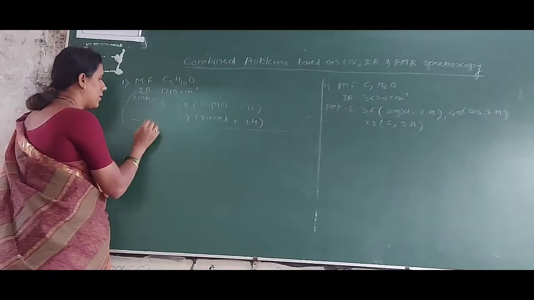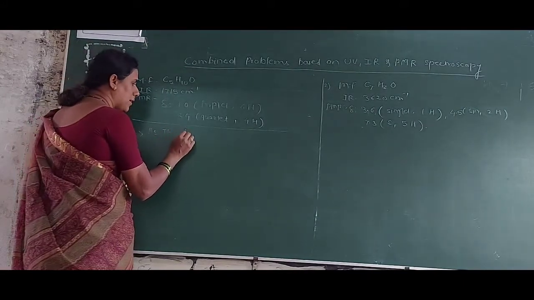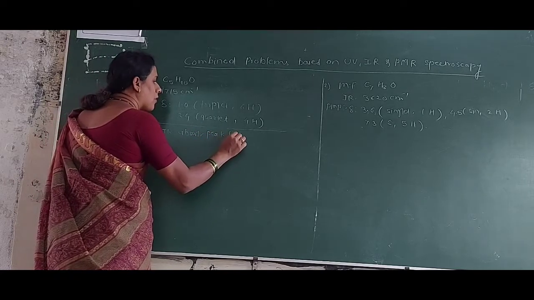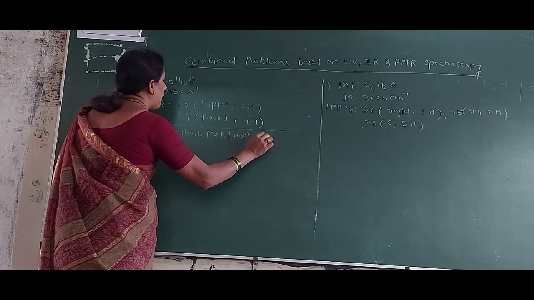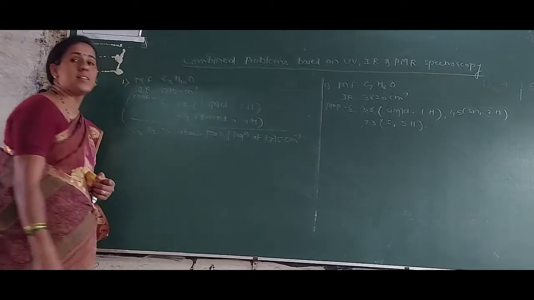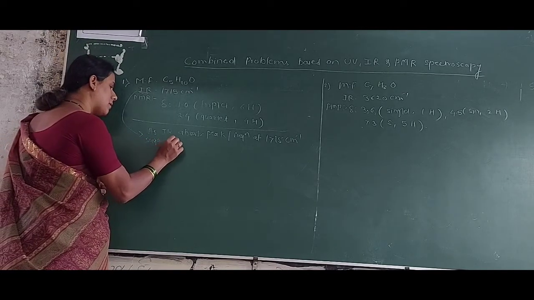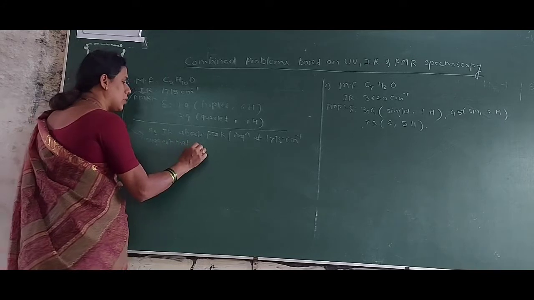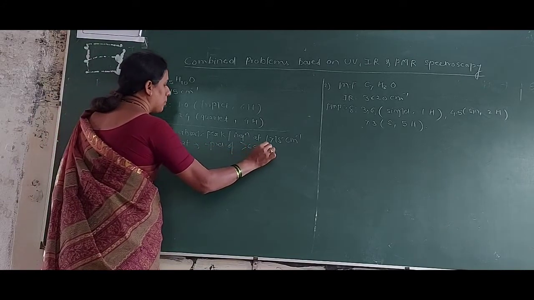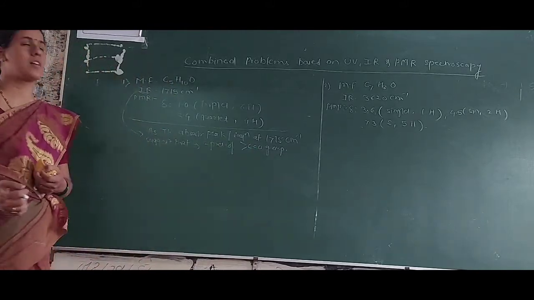In the given data, the IR absorption peak at 1715 centimeter inverse suggests the presence of a ketonic group. What is the range for this?